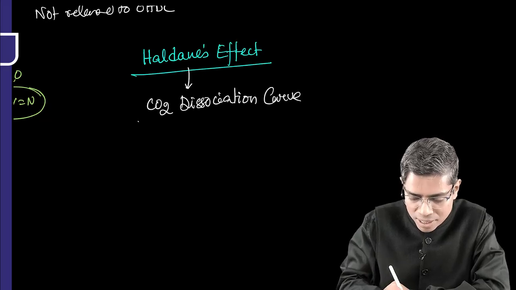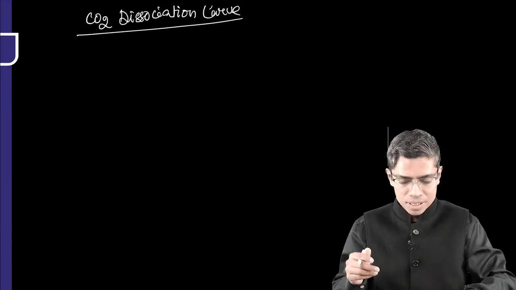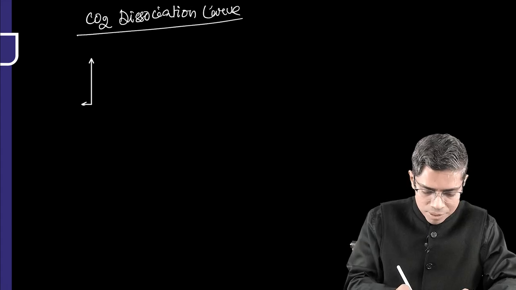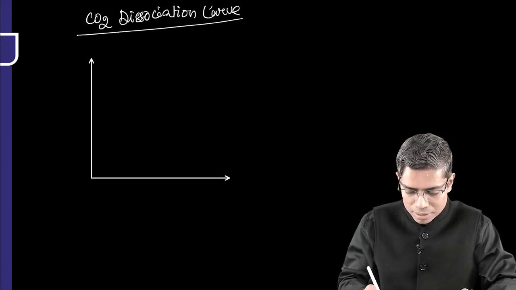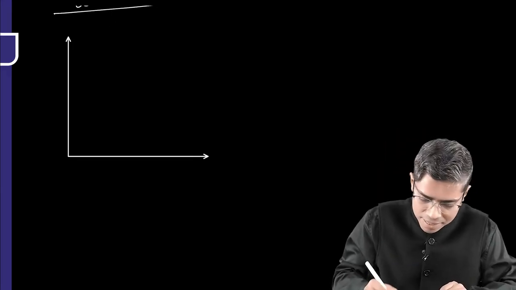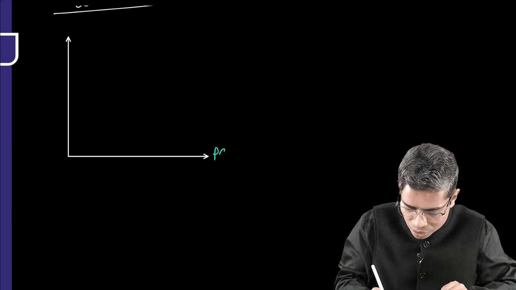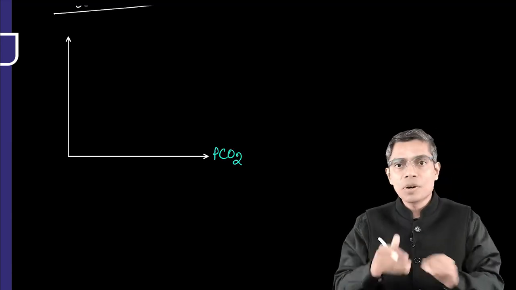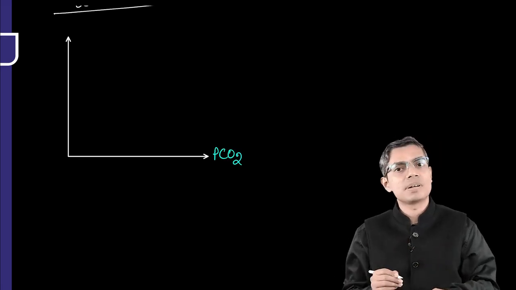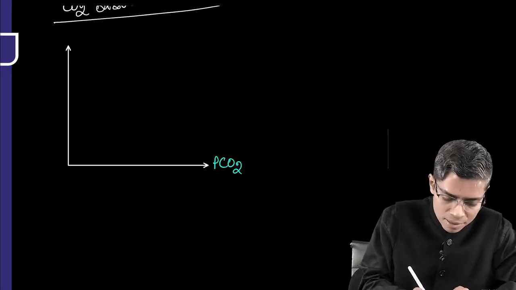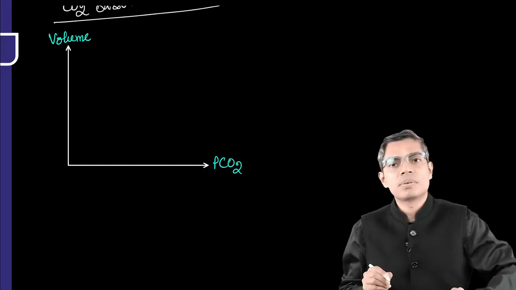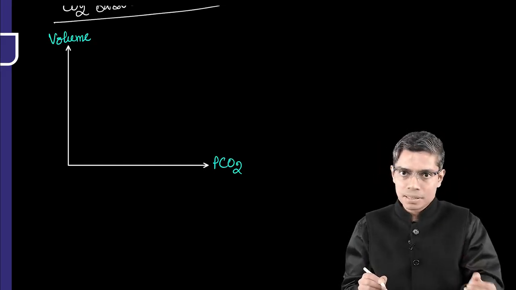Okay, so far I have not seen any question from the carbon dioxide dissociation curve, but for your future MCQ you have to look at this carbon dioxide dissociation curve also. Okay, so x-axis is the pCO2. In OHDC curve x-axis was partial pressure of oxygen, but here partial pressure of carbon dioxide. And what is y-axis? Y-axis is the volume of carbon dioxide, or amount of carbon dioxide, right?